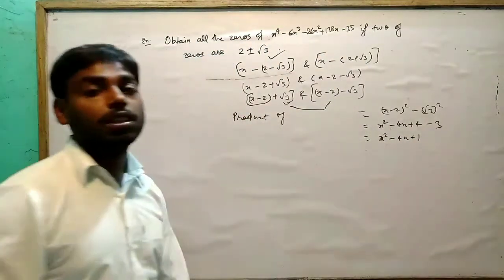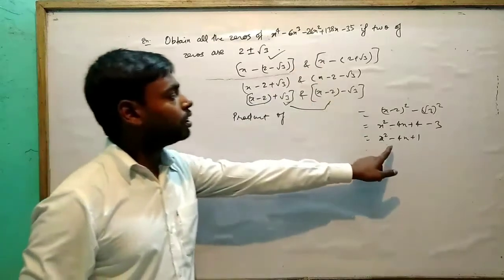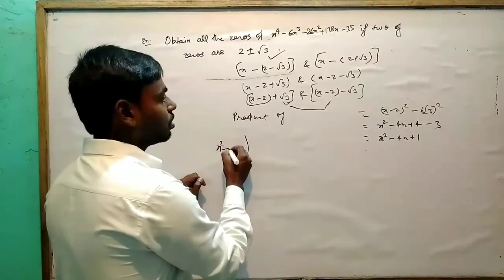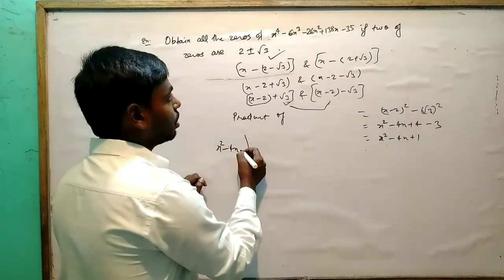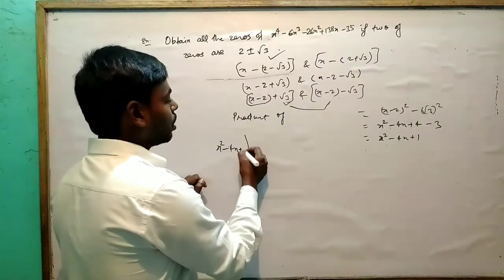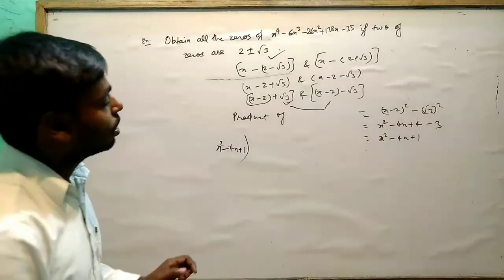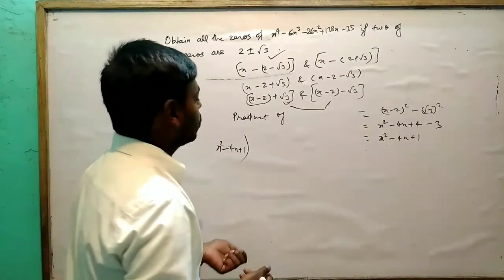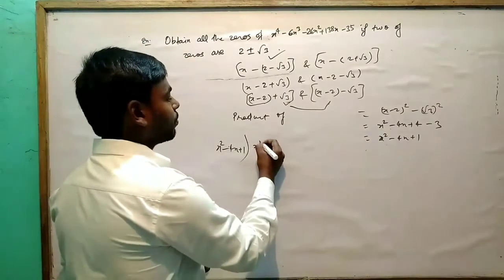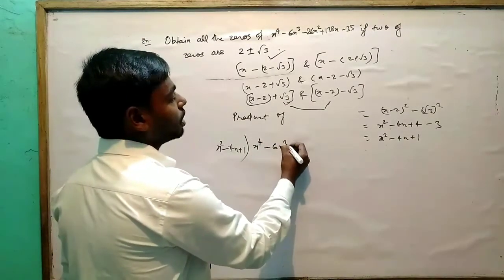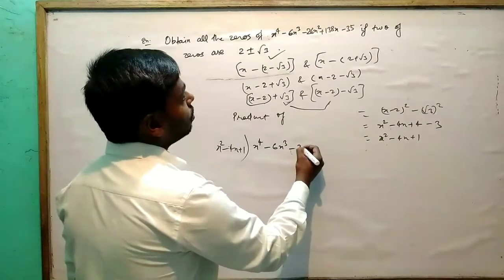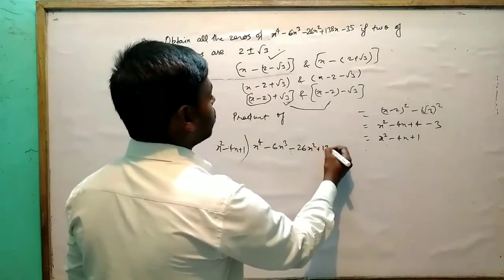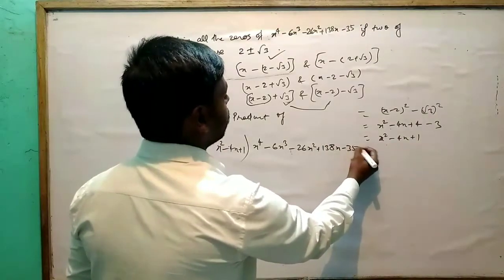Now we have to divide the polynomial by this term. Whatever we get as the quotient, we equate to 0 and find the other two zeros. Here x to the power 4 minus 6x cube minus 26x square plus 138x minus 35.